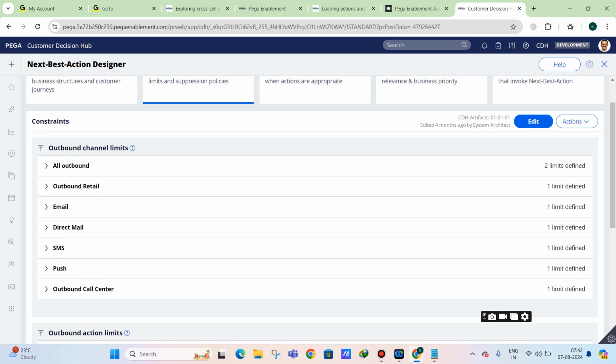In the contact policies we can define how many emails we can send per day, per week, and how many SMS we can send per day, per hour, per week, per month. So for a given time period, how many emails, SMS and push notifications we can send to the customer, that limit can be specified in the contact limits.